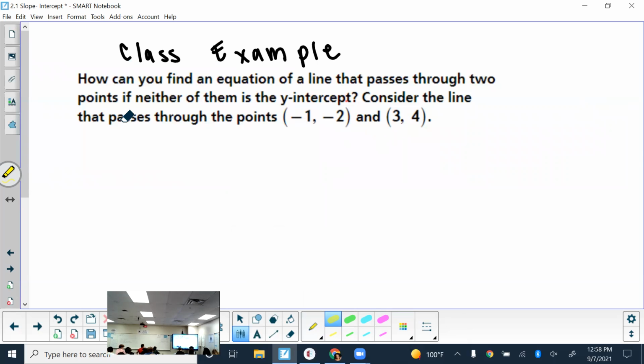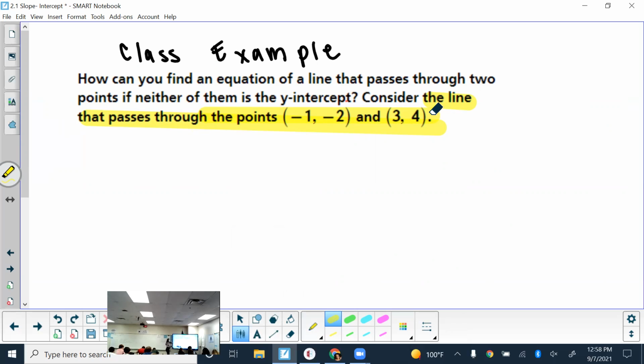Consider the line that passes through the points (-1, -2) and (3, 4). All right, that's what I highlighted is all you need to write, at least for right now, or whatever I write.